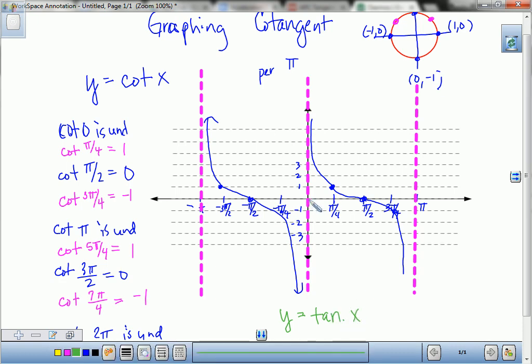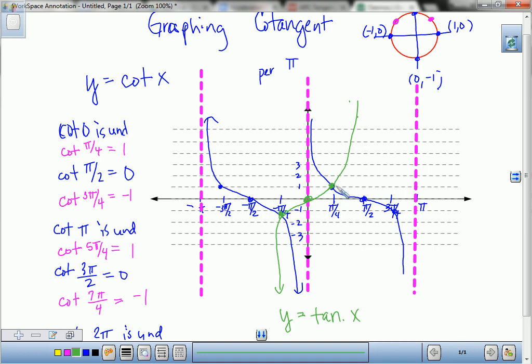With that one, it would be here, here, and it would go to infinity. And then here. And I want you to see, does this make sense? Because these are reciprocal functions. What is the reciprocal of -1? It's itself, so they're sharing a point here.